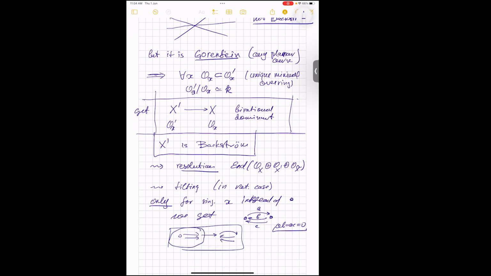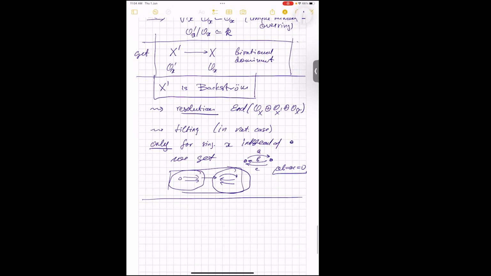This is the Kronecker part, and this is the new part. So these so-called almost Bäckström curves give us almost the same picture. Okay, I think I will stop now. Thank you.